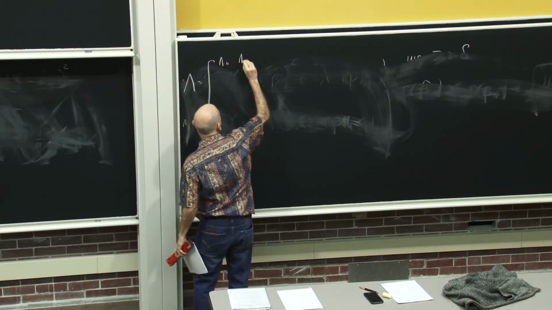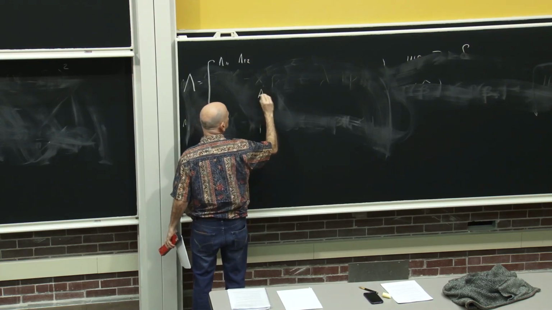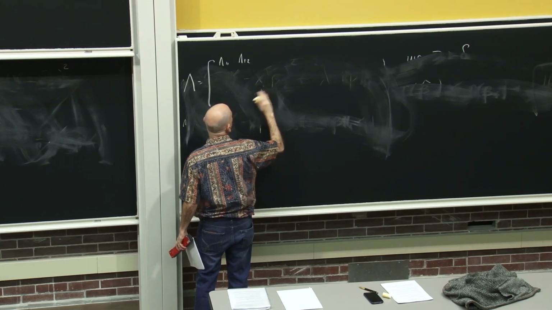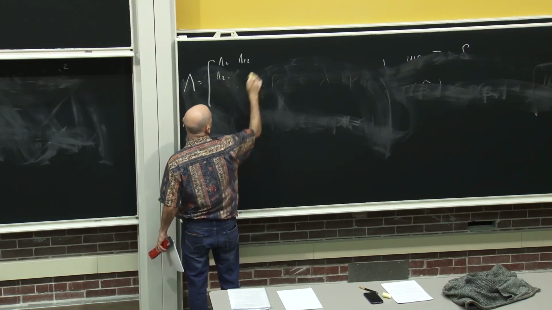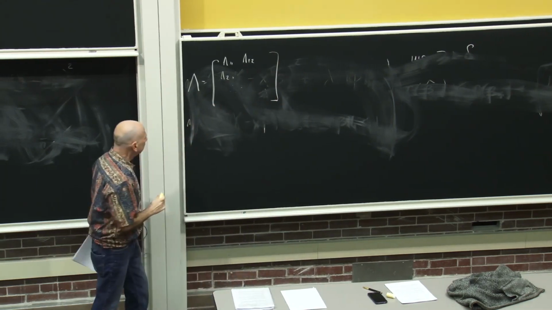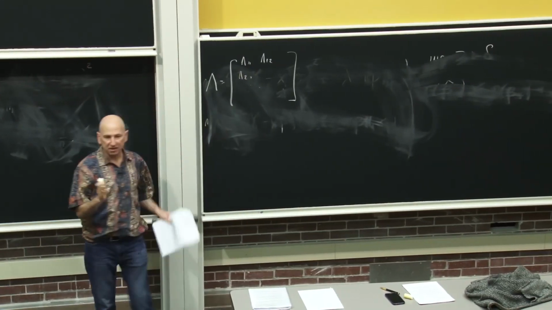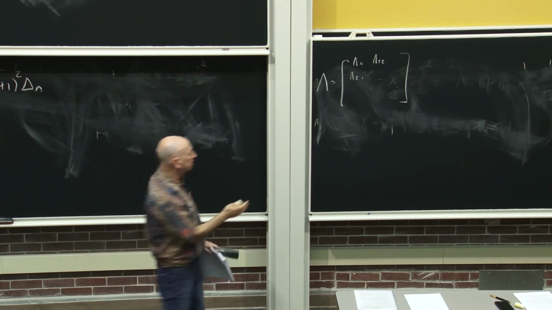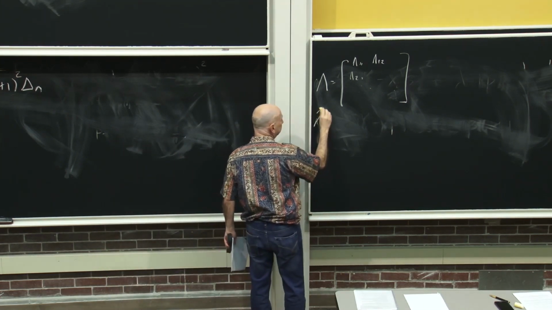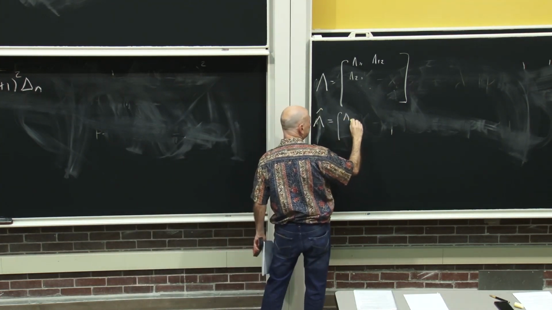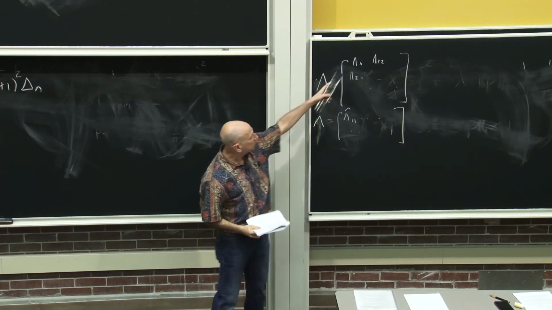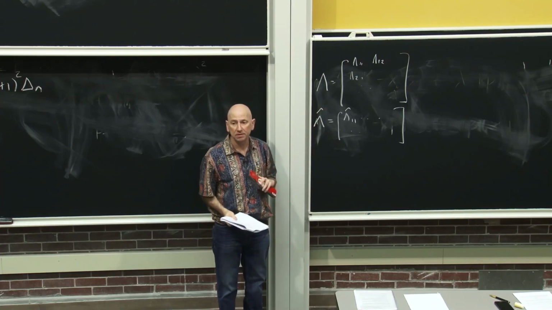Lambda 1,1, lambda 1,2, lambda 2,1, and so on. But these are all just moments, right? Those are expected values, everything in there, of some component of z with another component of z. Lambda hat is exactly the same thing. It's just the sample moments. So each one of these is a moment. Each one of these is a sample moment.